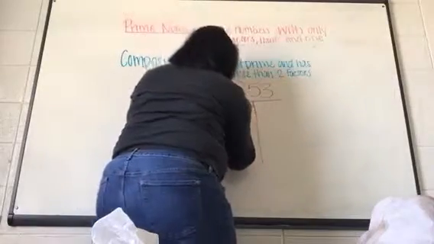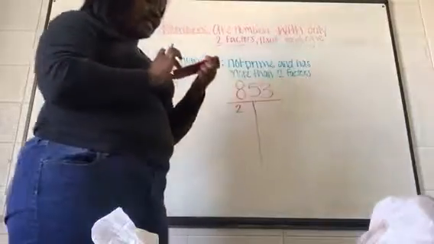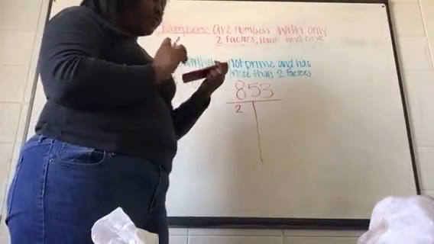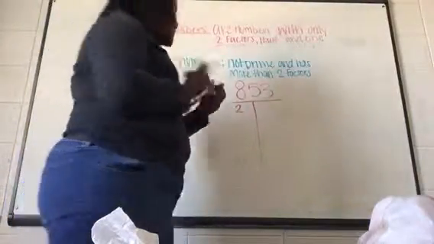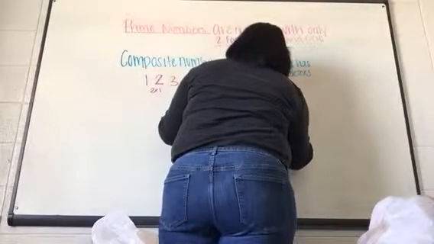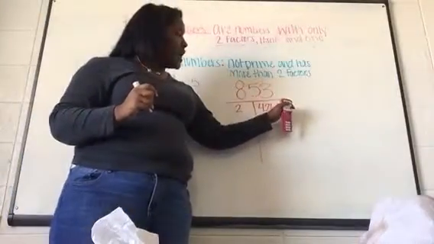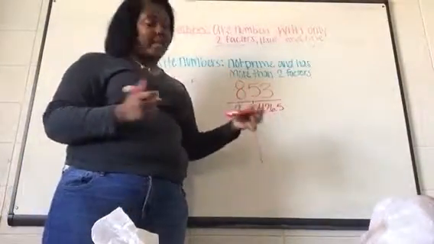So 853 divided by 2 is 426.5. And the decimal shows that this doesn't go in here evenly.